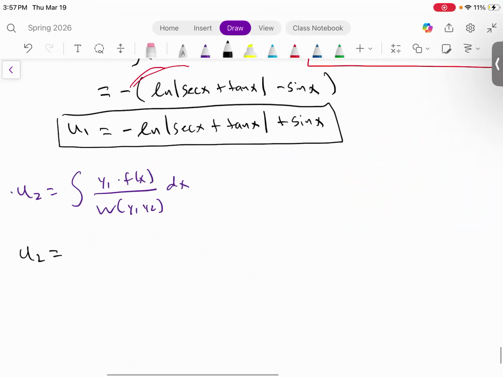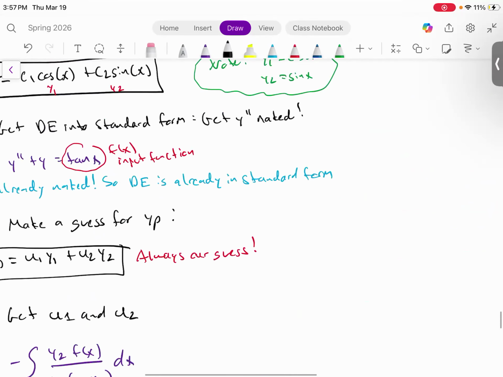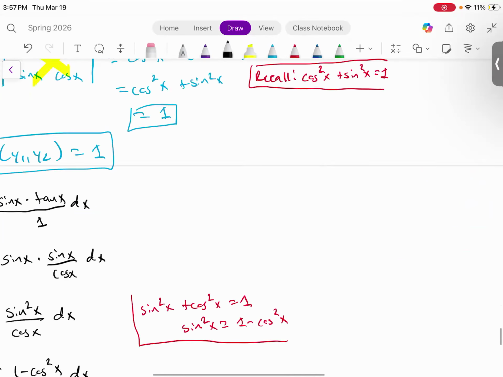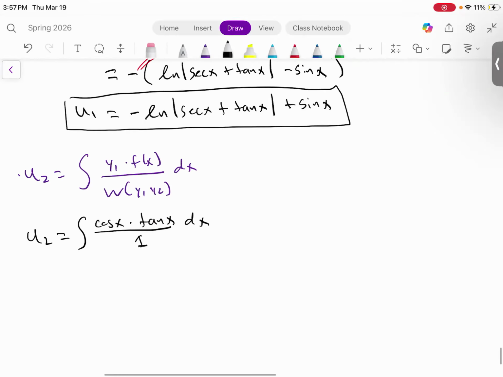So u2 is the integral of y1, which was cosine x. So we're using cosine. My input function is tangent x, and my Wronskian is still just 1. So don't have to worry about the 1.